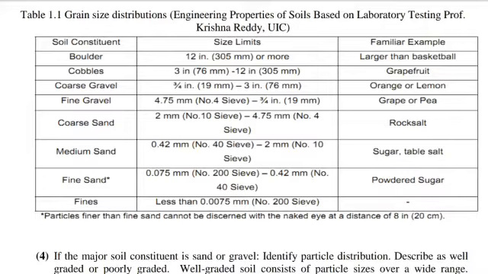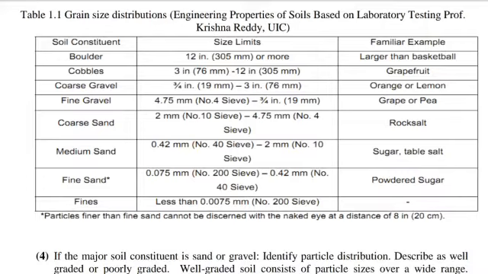Soil constituent: fine gravel. Size limits: 4.75 mm, number 4 sieve to 3/4 inches, 19 mm. Familiar example: grape or pea. Soil constituent: coarse sand. Size limits: 2 mm, number 10 sieve to 4.75 mm, number 4 sieve. Familiar example: rock salt.